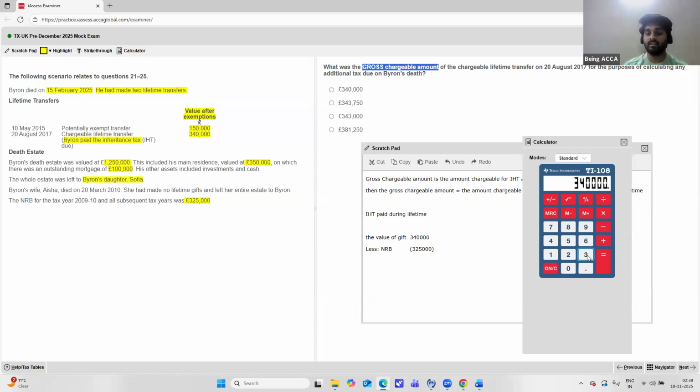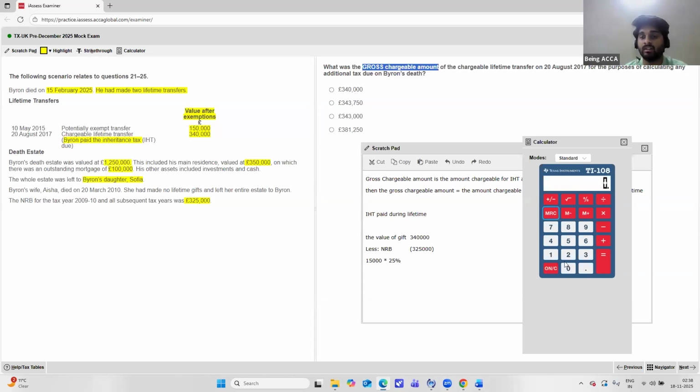340,000 minus 325,000, as it has been clearly mentioned that there were no other gifts other than these two lifetime gifts that were made. The amount becomes 15,000, and this is to be multiplied by 25% and not the 20% that we normally consider.